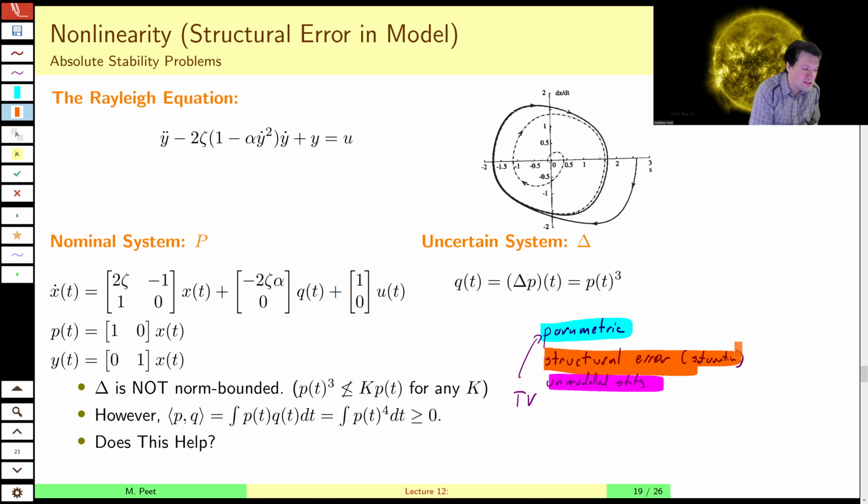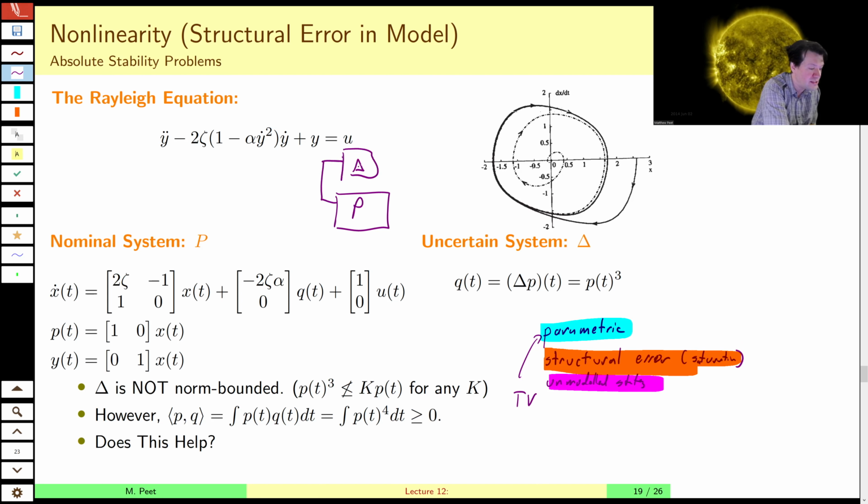And this isn't really a problem of uncertainty. It's just the fact that we've linearized the system. We couldn't account for that nonlinearity, so we just pretended it didn't exist, and maybe we'll shuffle it off to that delta. So we've got our nominal system, which is linear, and maybe we connect it through a delta here, which has some nonlinearity in it, perhaps.